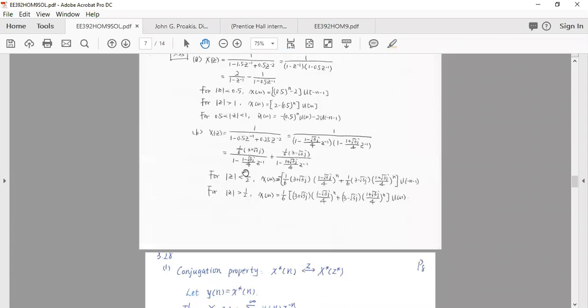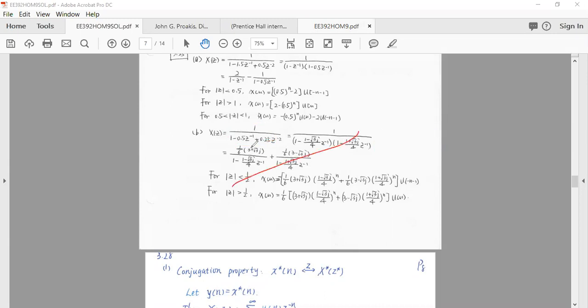We can factorize this denominator as 1 upon (1 minus 0.5 z to the power -1) whole squared, right? We factorize this, and we can rewrite this term like this, right?